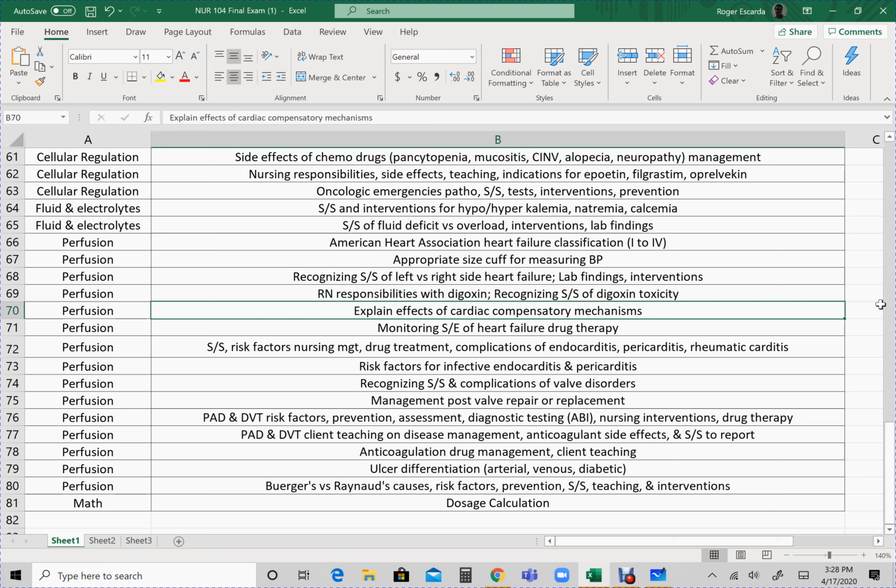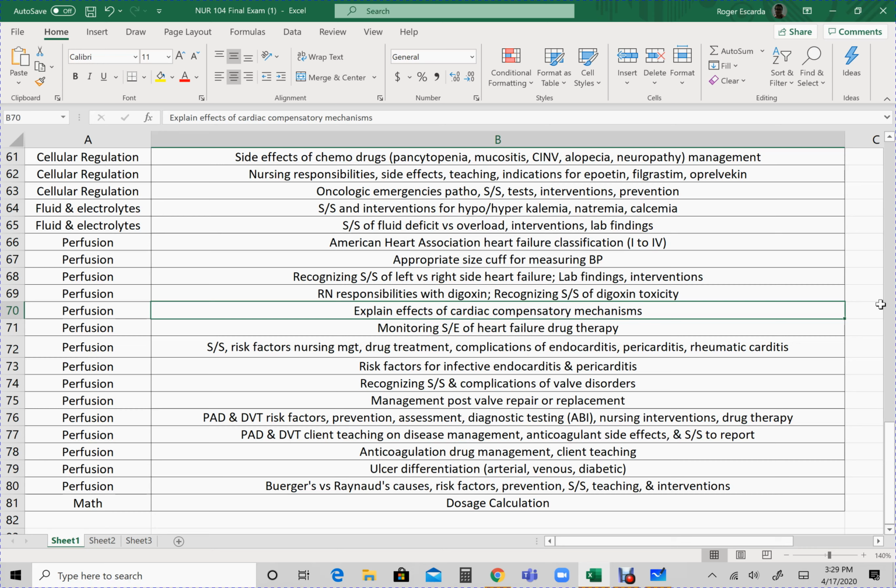So we discussed these in chapter 33, plus also a little bit on chapter 11. These are specifically the sympathetic nervous system response. How does that affect a patient in heart failure? At the same time, also the renin-angiotensin aldosterone system. So those are the two major compensatory mechanisms.